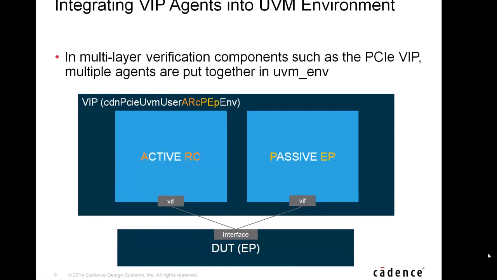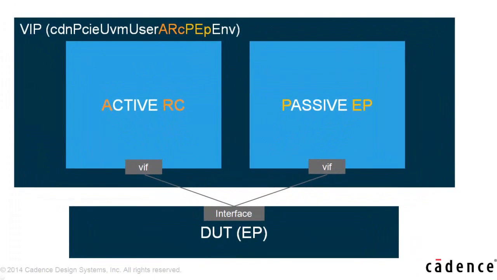For instance, for this DUT, which is an endpoint, we will have an active root complex UVM agent which drives the stimulus, and we will have a passive endpoint which will monitor the behavior of the design. Now let's go see how this VIP can be integrated in UVM environment.